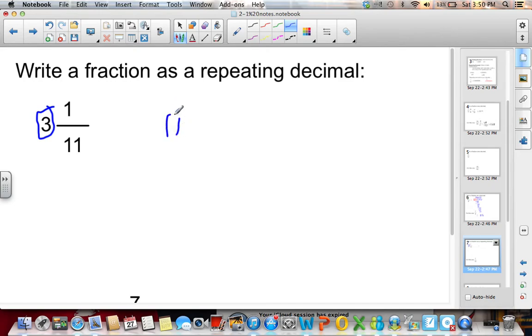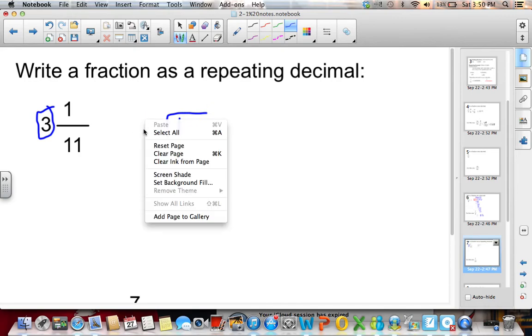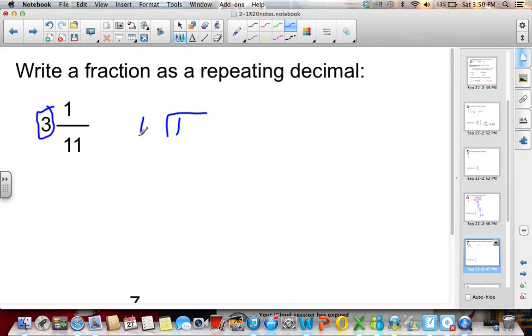I'm going to go 1 divided by 11. Okay, we know that 11 can't be multiplied by a whole number to get an even 100. We know we can get to 99, which is really close, but we're going to do it this way. So we have 1 divided by 11.